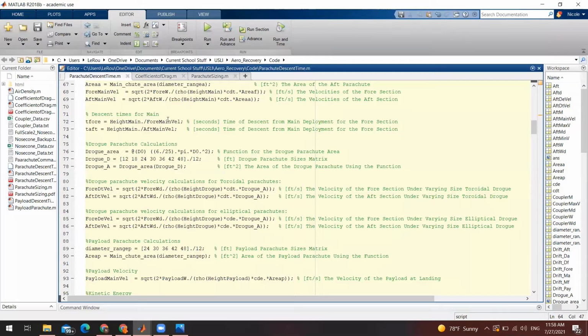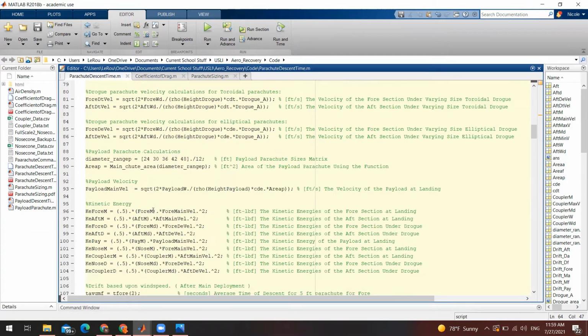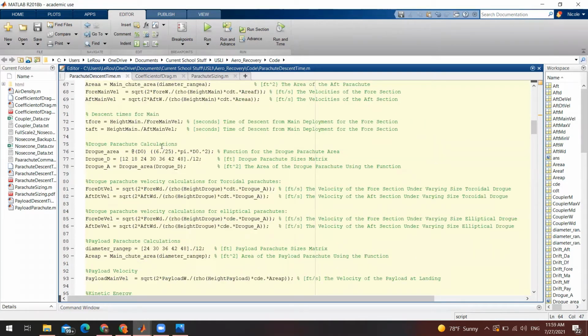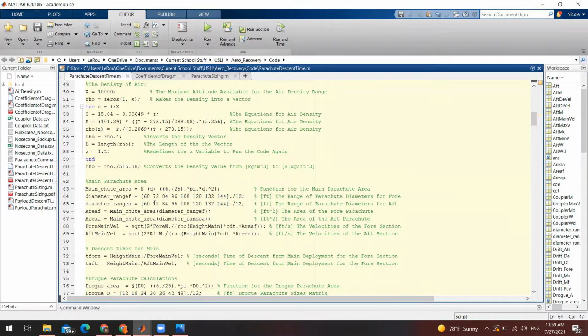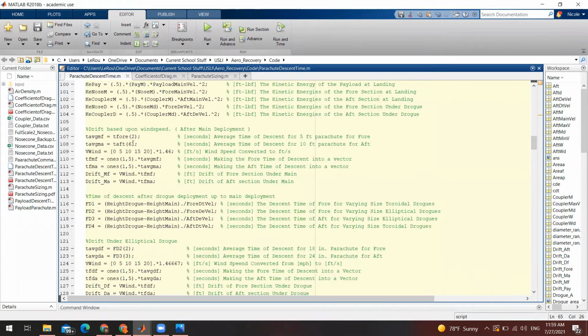This ends up being a vector, right? And I'm using the second one here, which is the 6-foot parachute, that 72 inches. And the other one I'm using is 6, which I believe is a 10-foot parachute. Those are the sizes we ended up going with.